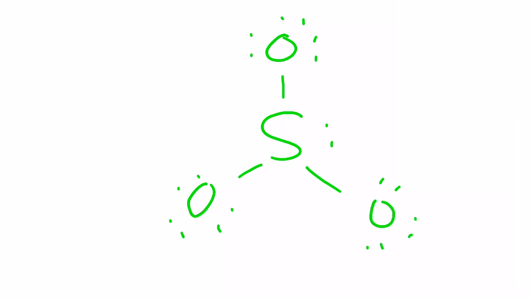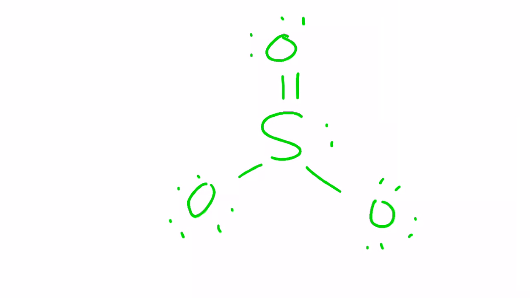Okay, so what I'm going to do is push one of these electron pairs in to bond with sulfur. And if I've done that, I'll have a molecule that looks like this.